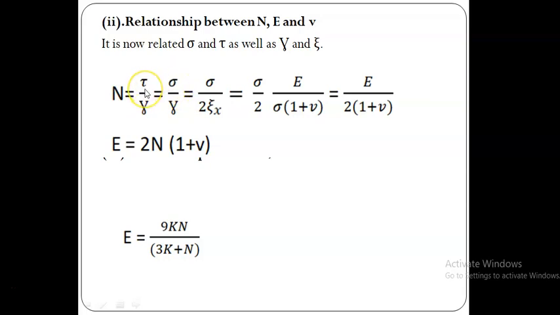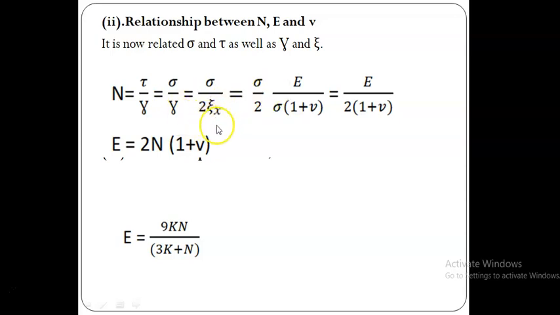Normal stress is also equal to tau. Then the maximum normal stress in that plane becomes sigma, and gamma is directly related with the linear strain, which is gamma equal to 2 into epsilon x.